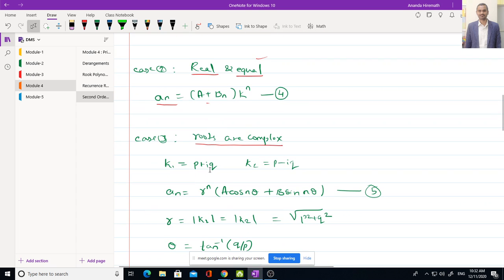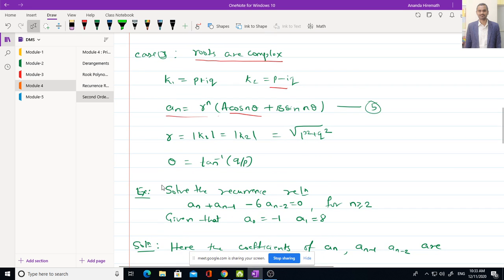Then if we have imaginary roots, we write k1 equal to p plus iq, k2 equal to p minus iq. In that case, we write An equal to r raised to n into (a cos n theta plus b sin n theta).